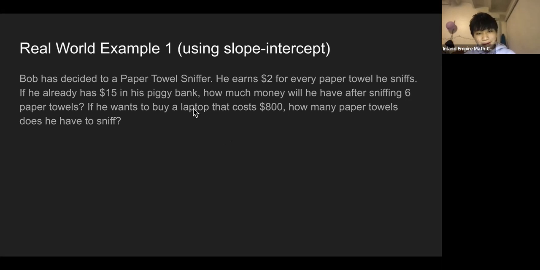And then y would be the amount of money that he has. So does anyone want to say what equation would represent this situation? I'll give you a moment to think about it because it is a little bit complicated of a problem.